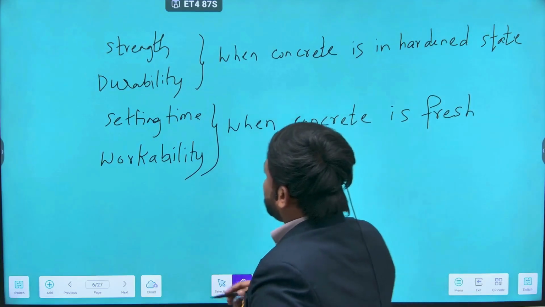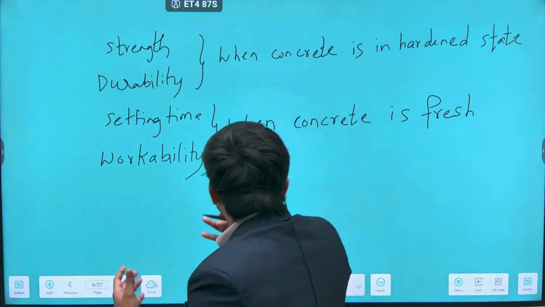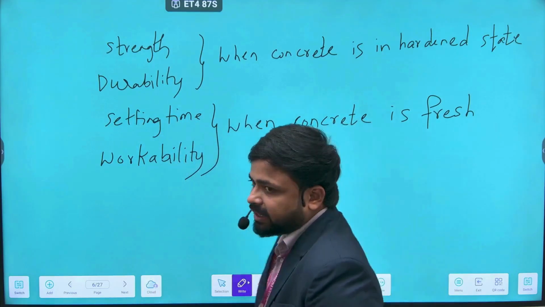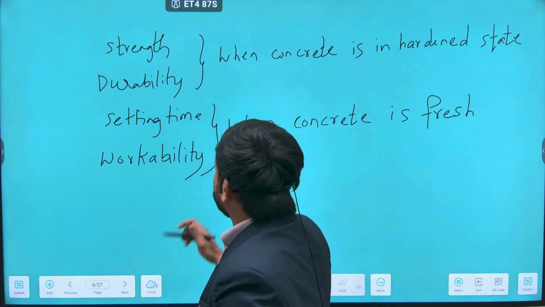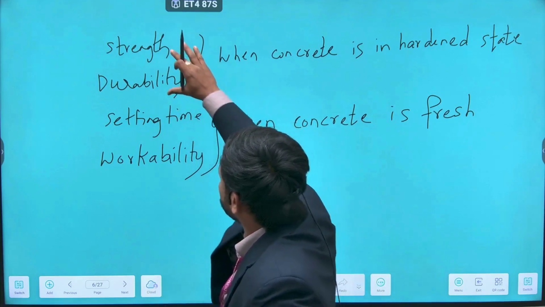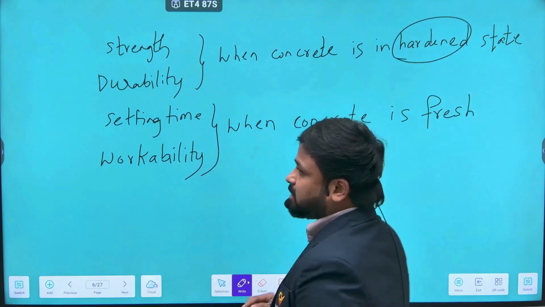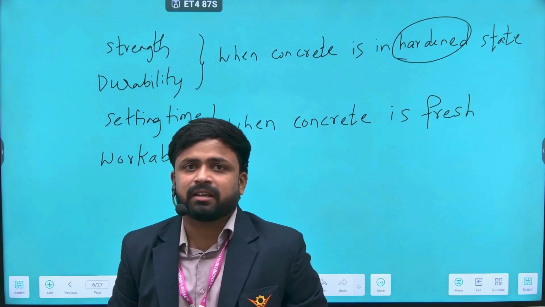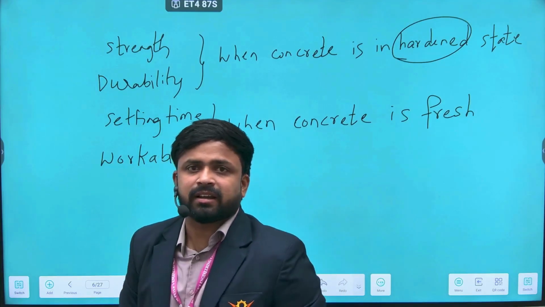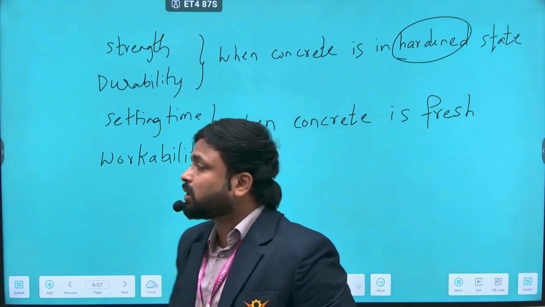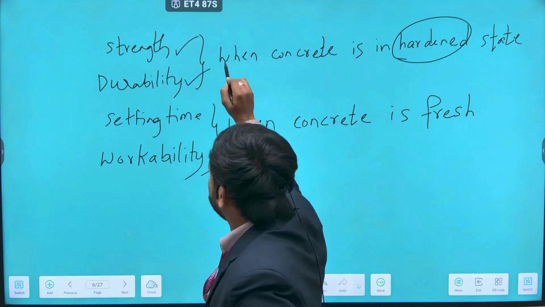These are fresh properties of concrete. When concrete is readily mixed, we deal with these two properties, and the other two properties are when concrete is in the hardened state. That is, concrete has lost its plasticity, it has achieved its hardened state, and there we talk about strength and durability.